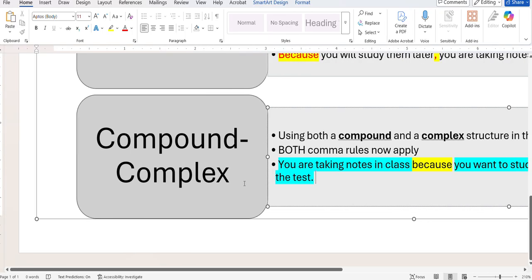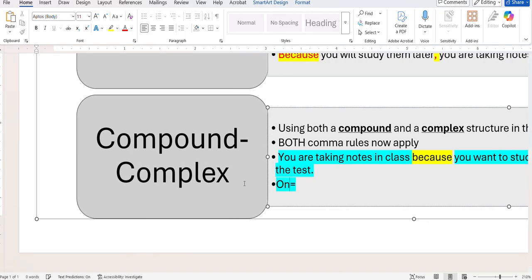But to then make it more complicated, once you have combined two sentences, let's turn off my highlight.